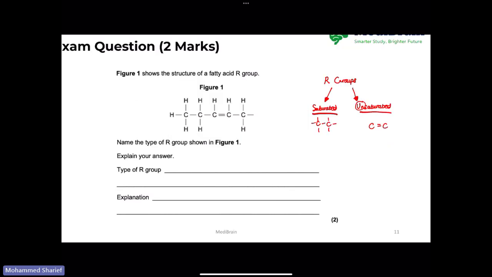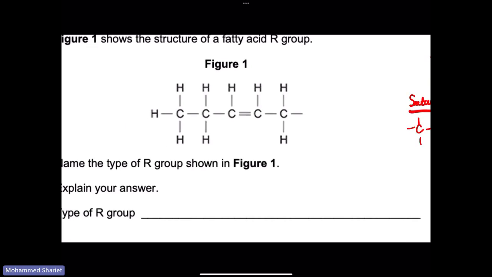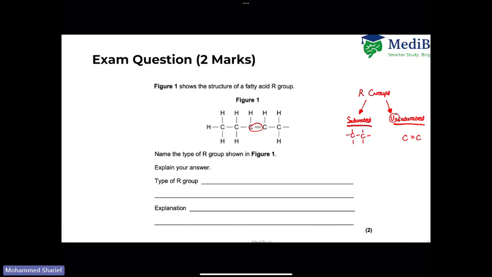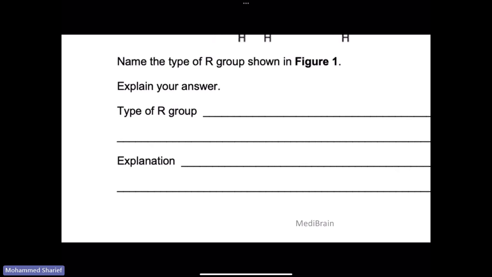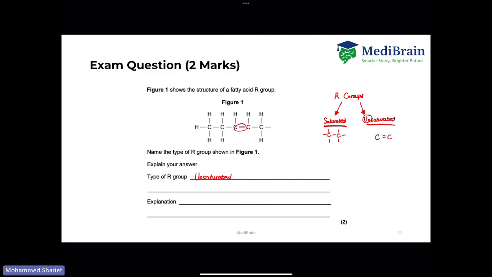So, type of R group, look at the structure. As you can see over here, there's a double bond. Because there's a double bond, we know that the type of R group is unsaturated. It is unsaturated. And the explanation, what was our explanation?